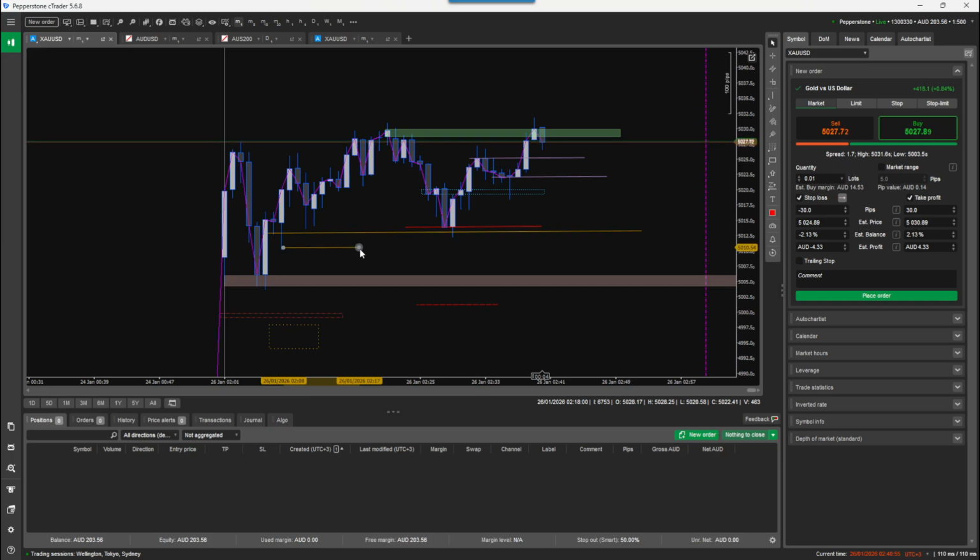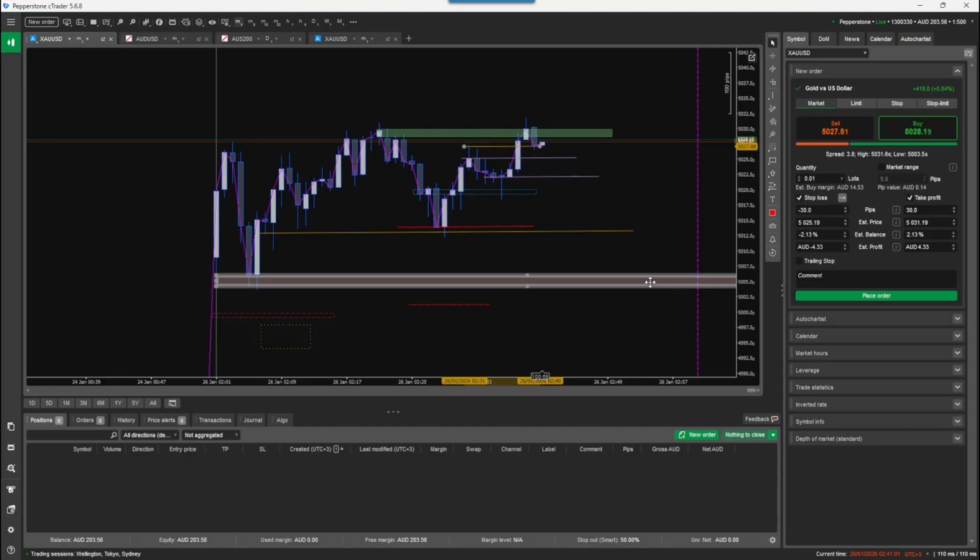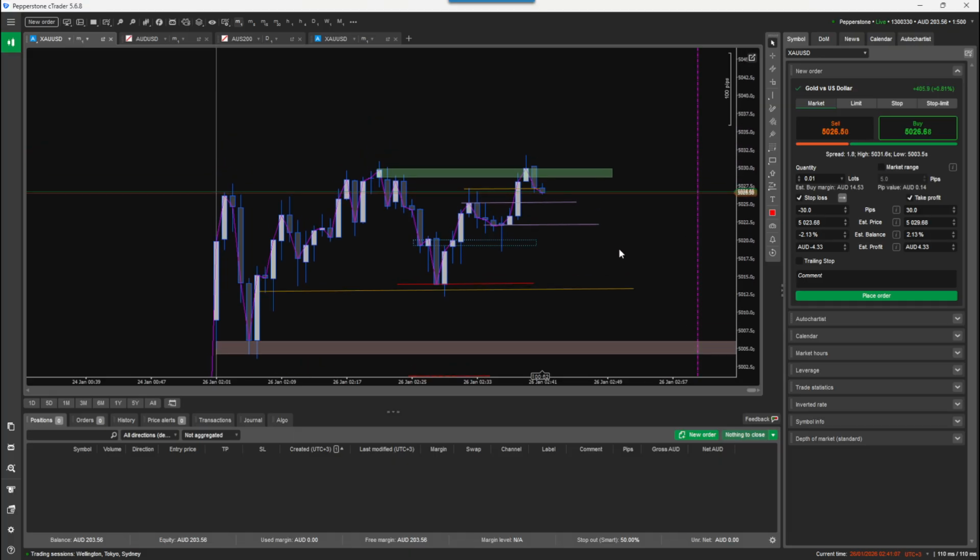A little signal I always wait for is wick to wick. So you've got the top of this wick here to the bottom of there. That closes the gap. Now, is it going to hold? No, it's going to keep coming down looking for liquidity. It needs liquidity to push up.